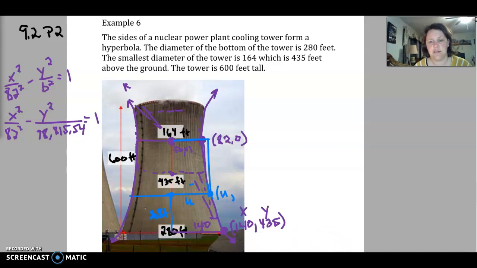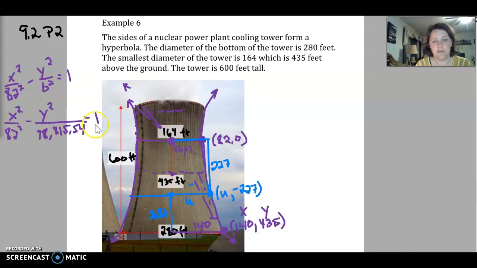It's down here, I didn't have room to fit in the whole question, but it says at a height of 208 feet. So I need to know the distance from the center, so I'm going to do 435 minus 208, which is 227 feet. Really that would be a negative 227, but when I put this into the equation and square it, I'm going to ignore that negative because negative 227 squared is the same as positive 227 squared. Okay, so let's go ahead and plug that in.